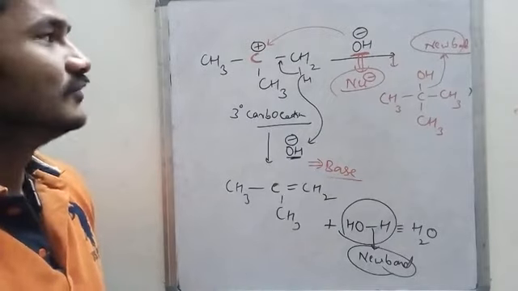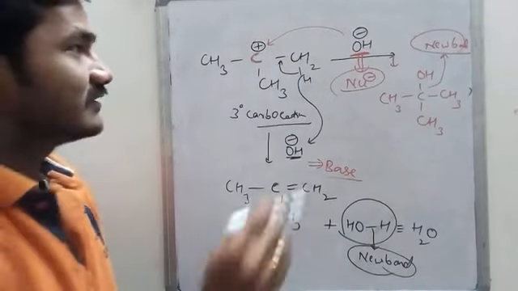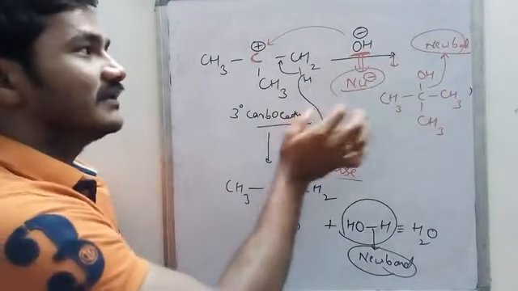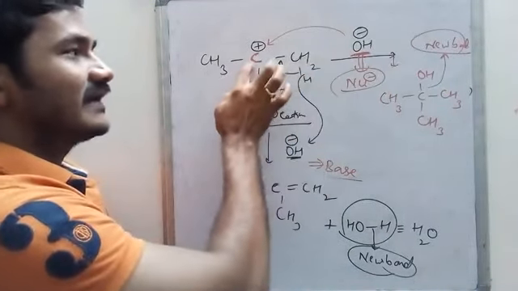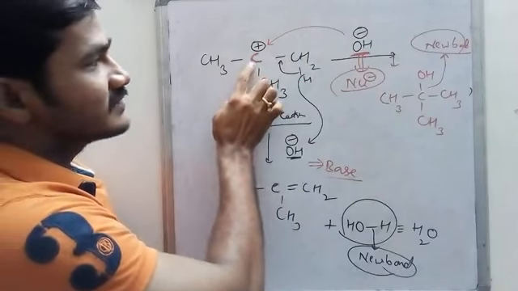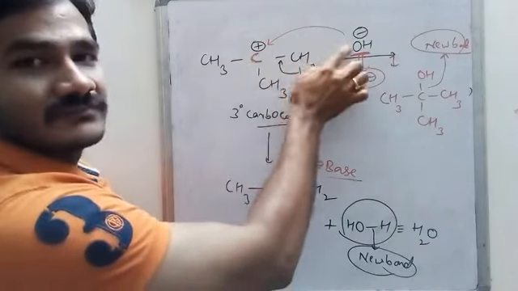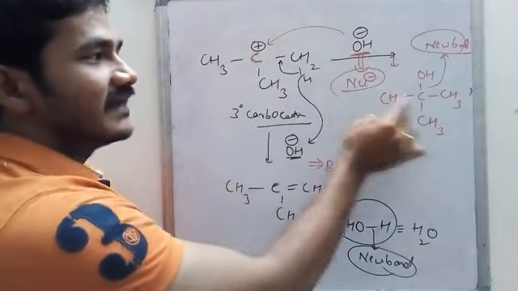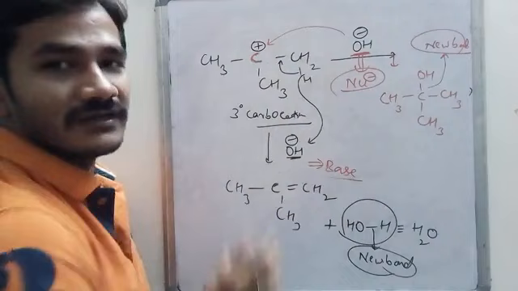Understood the point? In this example, I would like to show exactly what the base is and what the nucleophile is. In both cases I am taking the same species, OH minus. If OH minus attacks here, a new bond forms between carbon and oxygen, and any species forming a new bond with carbon is said to be a nucleophile.